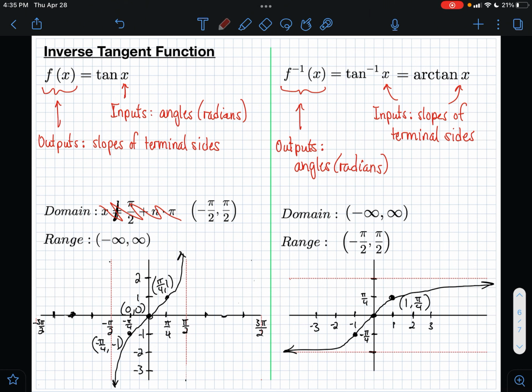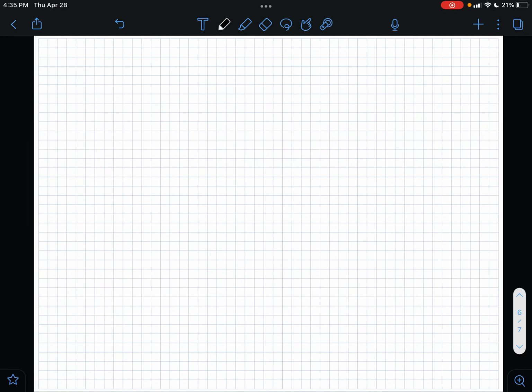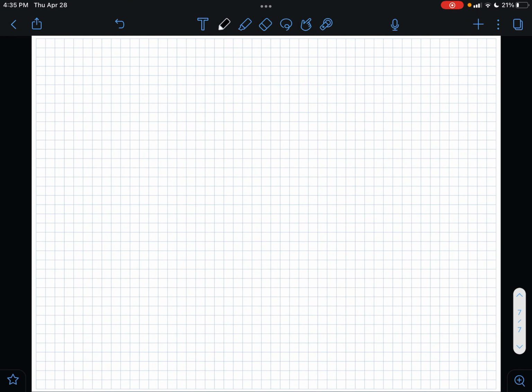So let's take a look at an example of how to work with this. Suppose we're asked for the inverse tangent of the square root of 3, or the arctangent of the square root of 3. Now, the output of this is going to be an angle.